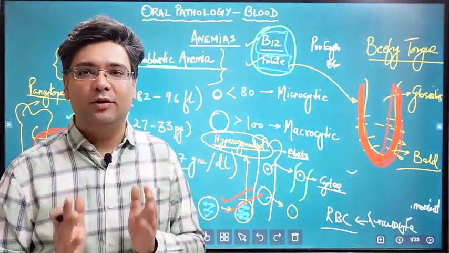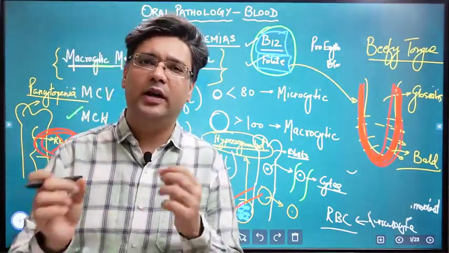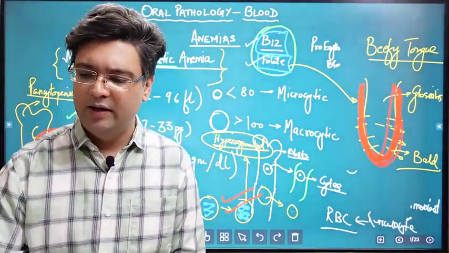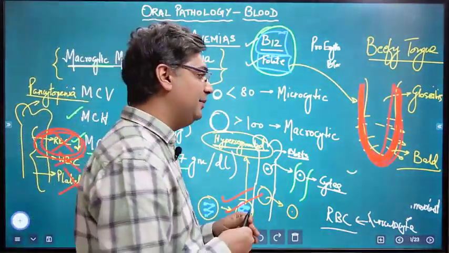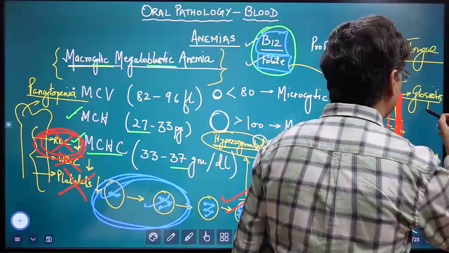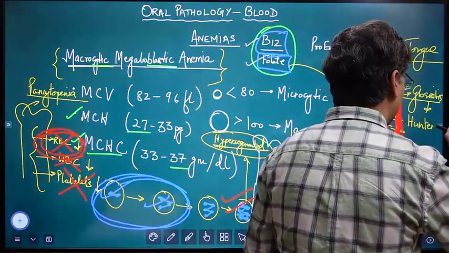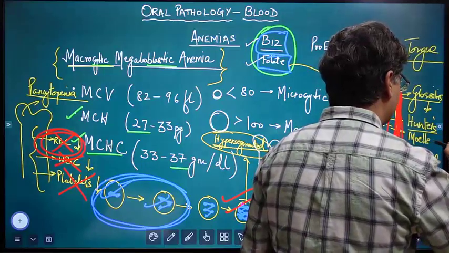But this also happens. So beefy tongue is seen, and we should not confuse it with other terminologies and other nutritional deficiencies. Okay, so here, if you're curious enough, this glossitis is called Hunter's glossitis, or Muller's glossitis.